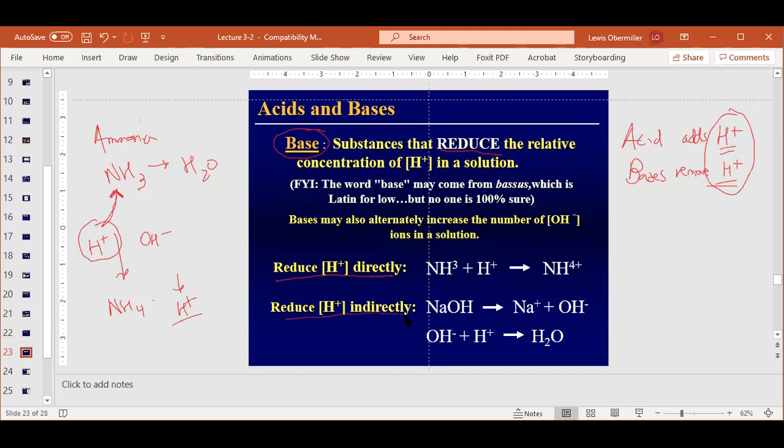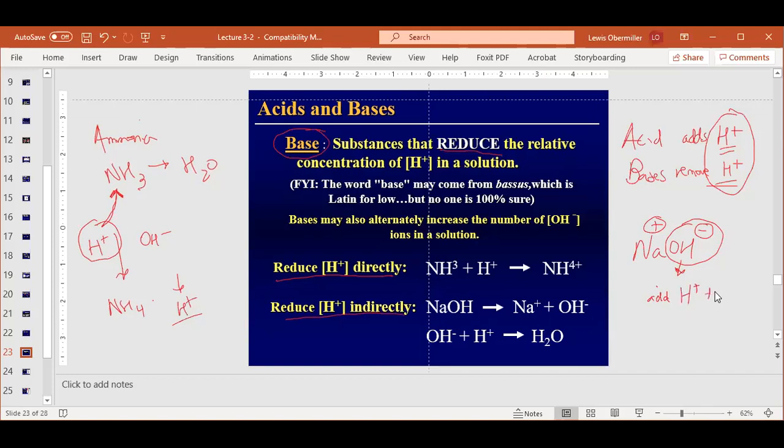Let me just address this real quick, and then we'll move on to how antacids work. So anyway, you could also add sodium hydroxide. Remember, sodium's plus charged, OH is minus charged. We talked about that in the previous slide. And so if you add OHs into a solution, they want to make water. And so how do we make water with the OH? You have to add a hydrogen, right?